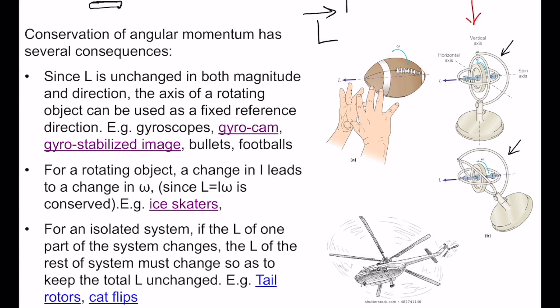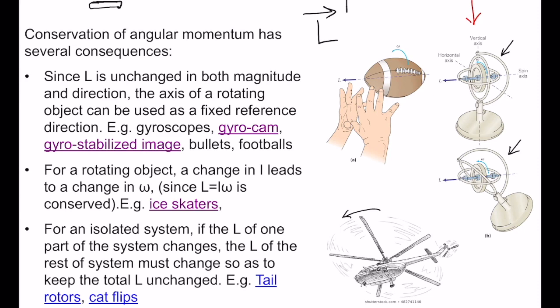After the rotors are turned on, let's say the rotors are rotating like this. What is the angular momentum of the rotors? The rotors have some angular momentum, but the total angular momentum of the system has to be zero, by conservation of angular momentum. So something else has to rotate to compensate for the fact that the rotor suddenly acquired some angular momentum.